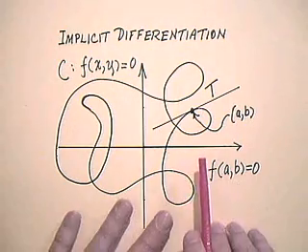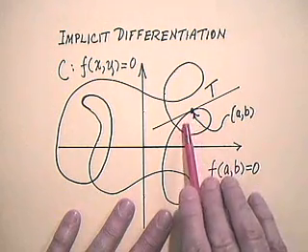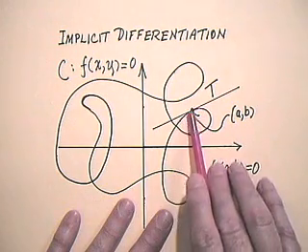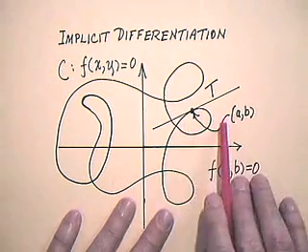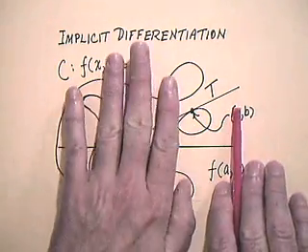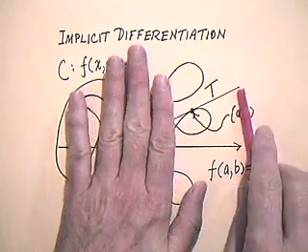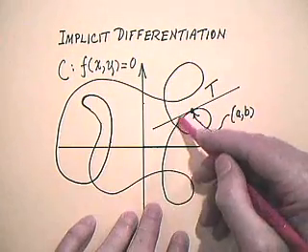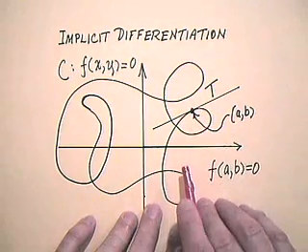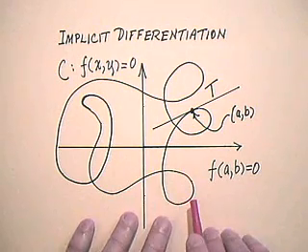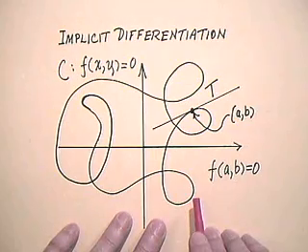Well, in any case, how can we get the equation of the tangent line? Somehow we have to get an expression that we can differentiate. Notice if I look at a little piece of this curve around that point, just this little piece, that is the graph of a function. And so we can imagine that in theory, y could be expressed as some function of x.